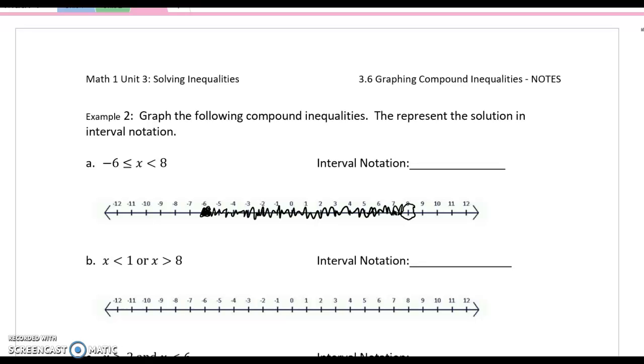Since we have the graph already done, let's take a look. On the left end, we have -6 with a closed circle. That means we're going to use the squared off bracket, and a -6 next to that squared off bracket.